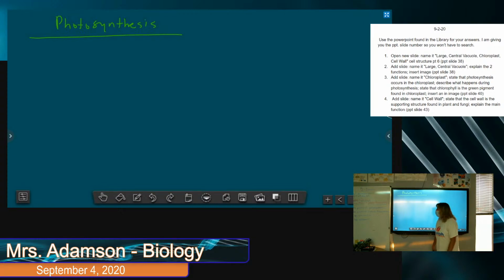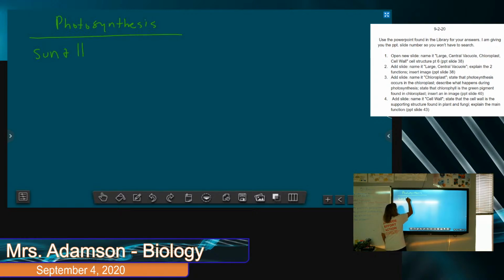For photosynthesis to occur, there are things that we need. First of all, we need the sun. Then, if you think about what plants need, water, and that's a plus sign.